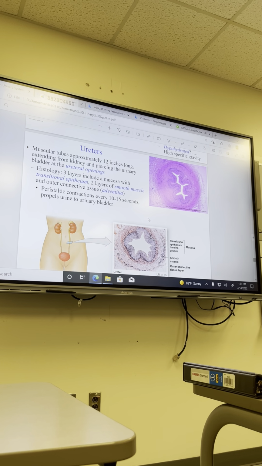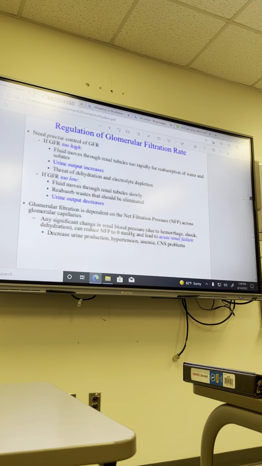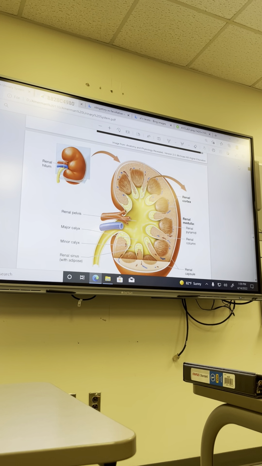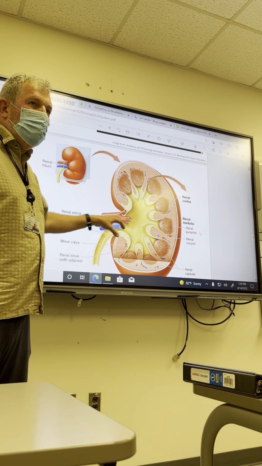All right, so we've made urine, how do we get it out of your body? Did we go over the collecting system before, about how the urine, once it's formed, enters into the minor calyxes, and then the major calyxes, and the renal pelvis, and then the ureter?